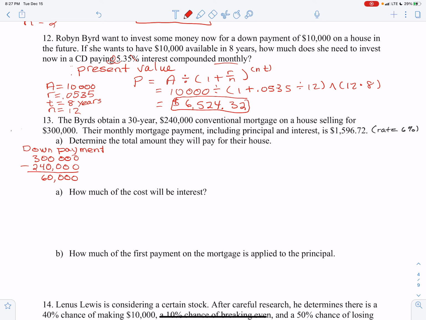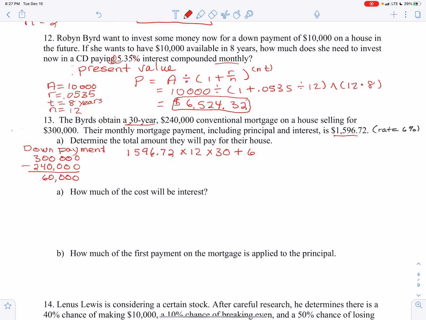So they paid for the house was $1,596.72. They paid that 12 months a year for a total of 30 years. That's how much they paid in monthly payments. But they also paid that $60,000 right up front. So altogether, at the end of the 30 years, they paid $634,819.20.